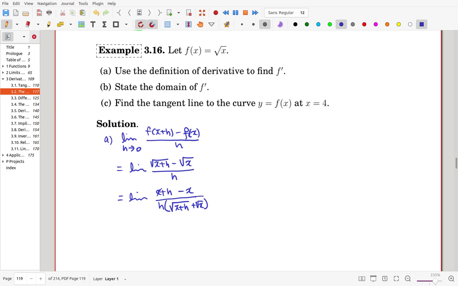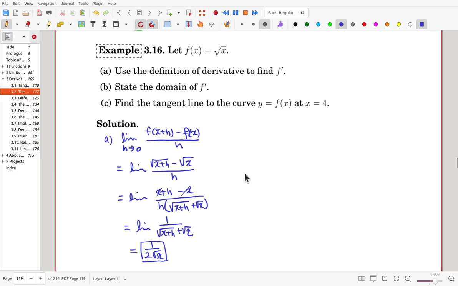Now this x and minus x cancel out, h cancels out, so that will be 1 over square root of x plus h plus square root of x. And once h approaches 0, we get 1 over 2 square root of x. So that is the derivative of the given function.